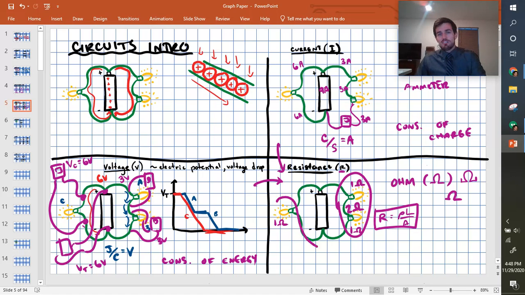The equivalent resistance of my whole circuit is actually 1.5 ohms. And we'll learn about why we didn't just add that other one in there later. It looks like I averaged it, but I didn't do that either.